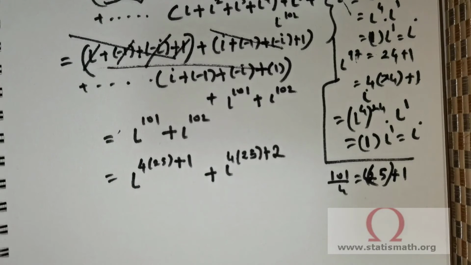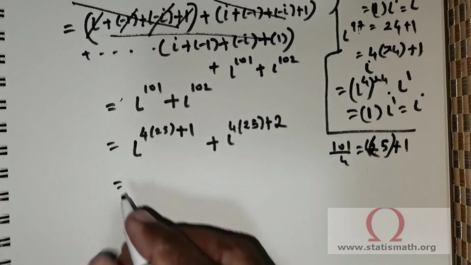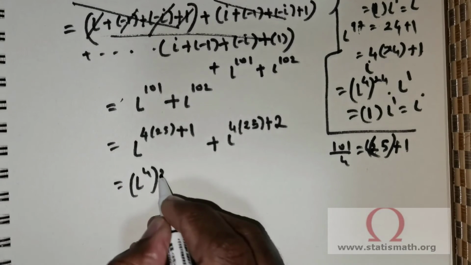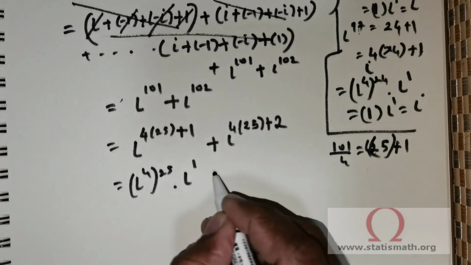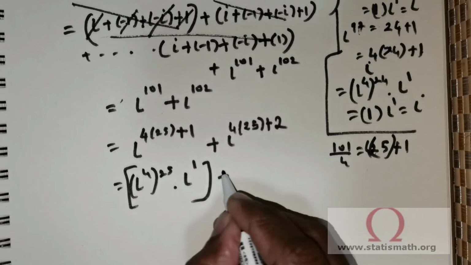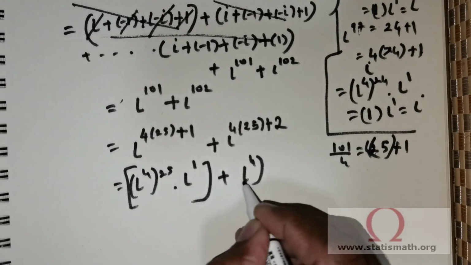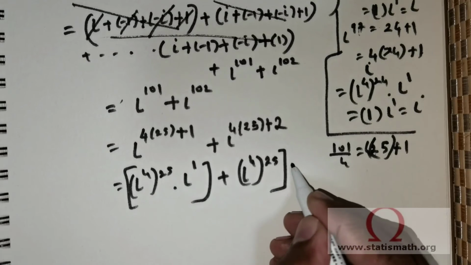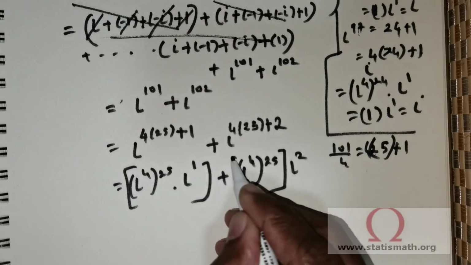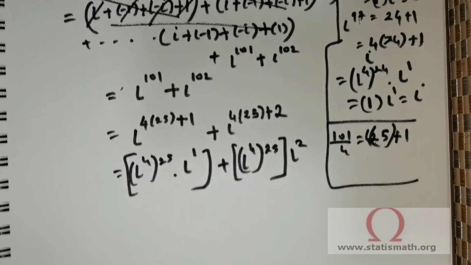So this is rewritten as i raised to the power 4, raised to the power 25, times i raised to the power 1, this is for the first term, positive i raised to the power 4, raised to the power 25, times i raised to the power 2. So this is what we have got.